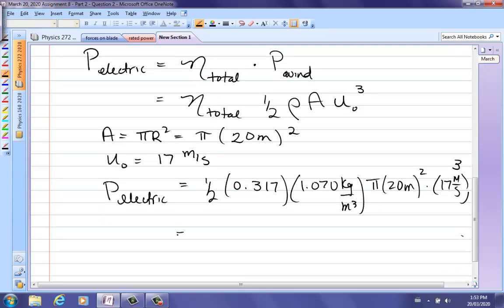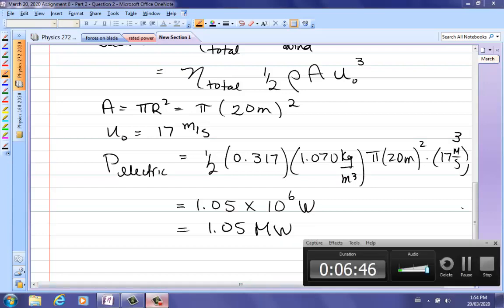And when you multiply all that together, you get that the output power is 1.05 times 10 to the 6 watts, or 1.05 megawatts. So that's a pretty big machine. Okay, that's the end.